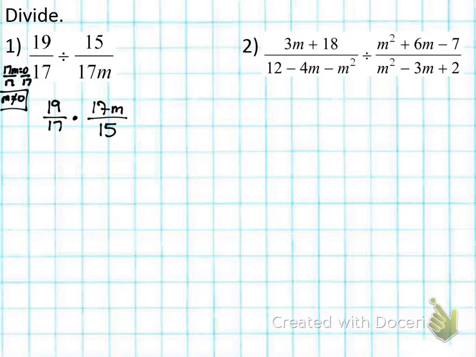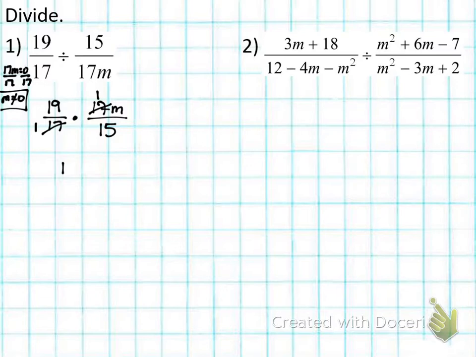Then again, I check my denominators before I move on. Are there any variables here? Nope. Any variables here? No. So now we're good. The only possible excluded value was 0. Now we start simplifying. Does 19 go into anything around here? Does 19 go into 17? No. 19 go into 15? No. But 17 and 17 go into each other one time, and then 15 can't simplify anymore. M can't simplify anymore.